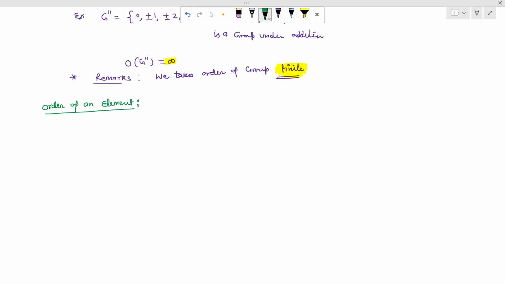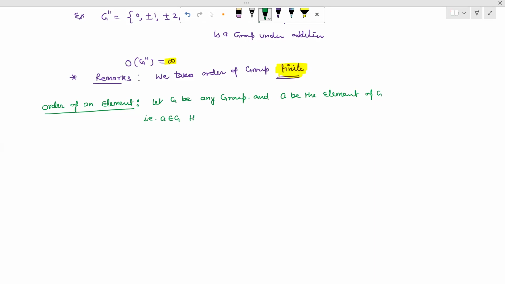Let G be any group which satisfies all four properties: closure, associative, identity, and inverse, and let a, small a, be an element of G. That is, a belongs to G.